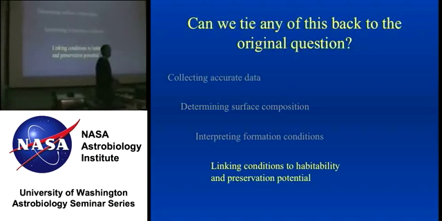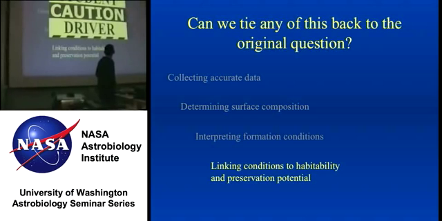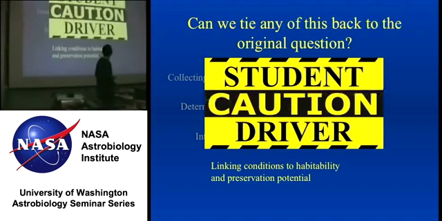Okay, so the last, and hopefully relatively quickly, going off to linking conditions to habitability and preservation potential. So I actually wanted to make this relatively applicable to sort of the astrobiological focus here. And in doing so, I want to caution you as to what I'm about to say.